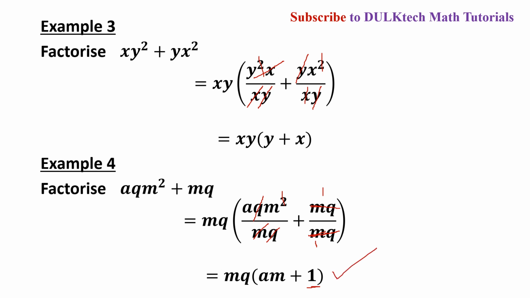Let's move on to our fifth example, where we are just going to divide these terms behind the scenes. We won't show this stage. So here is our fifth example. We are going to take the highest common factor.